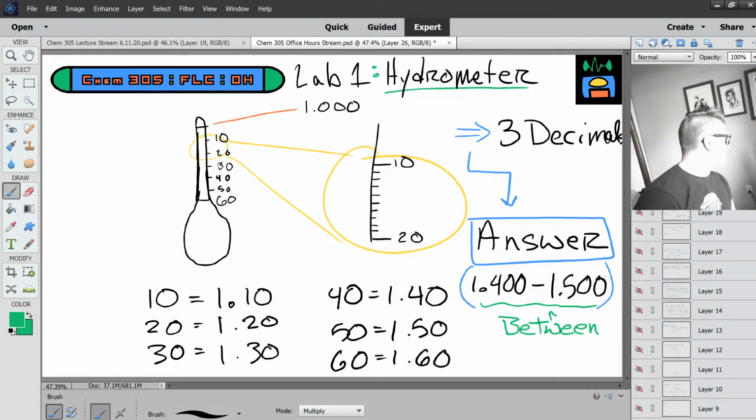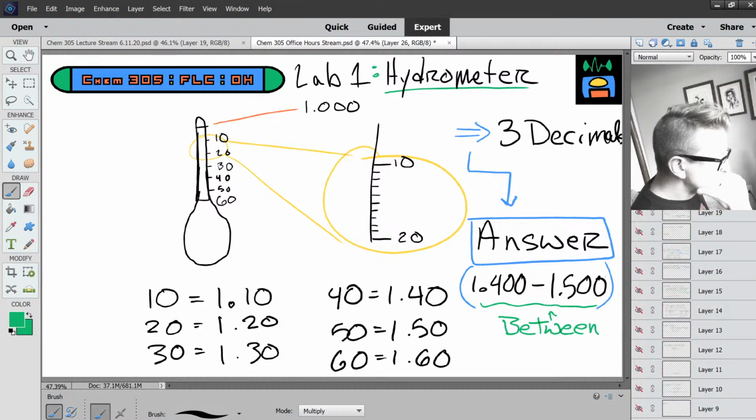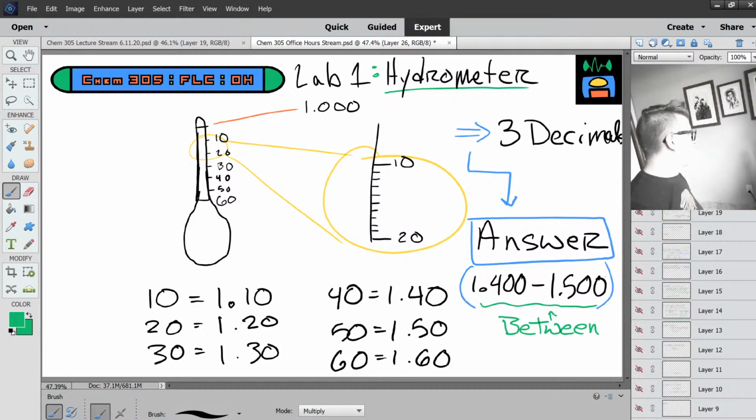Wait, hang on. In this case, a urinometer.